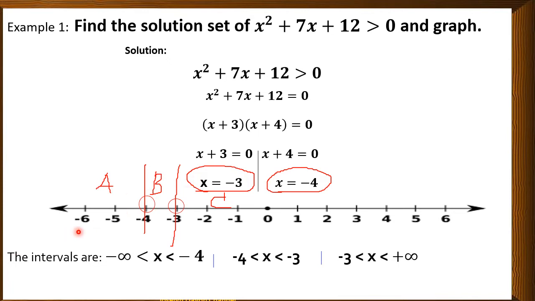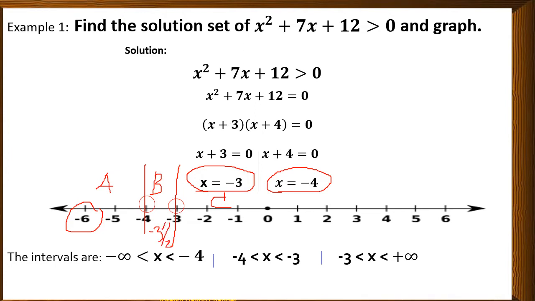For this region, we have to choose either negative 5, negative 6, or so on, but this time we'll just choose negative 6. Okay, for this region, in between negative 4 and negative 3, we'll just choose negative 3.5, or negative 3 and 1/2.